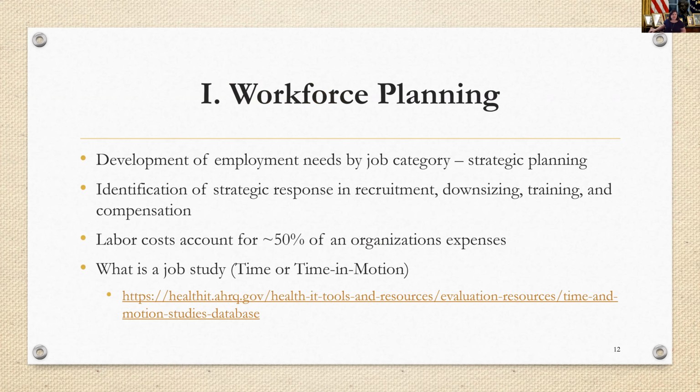Because remember, we talked about, and I'm jumping the gun a little bit, when we're first starting our strategic planning, we need to think about where are we, right? What do we have? Guess what's one of the critical components? It's people. Because labor costs account for a huge chunk of an organization's expenses. Huge. And not just labor, but turnover.